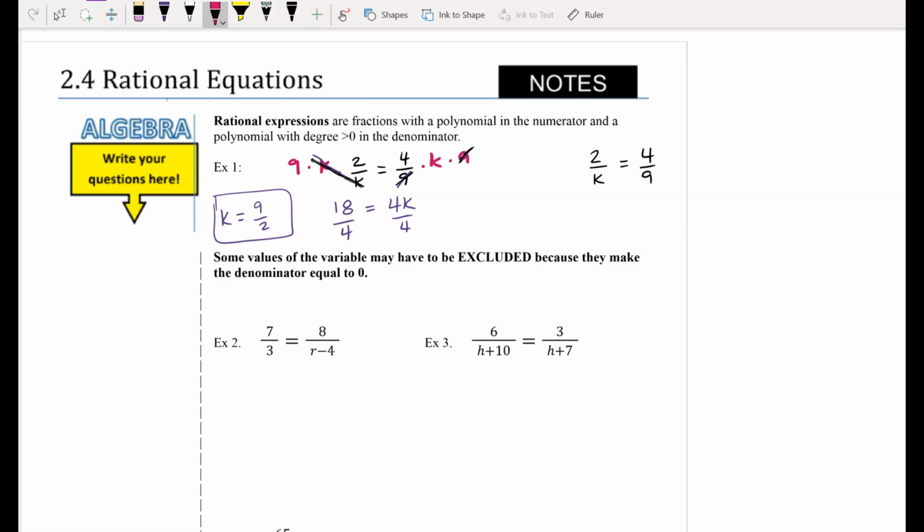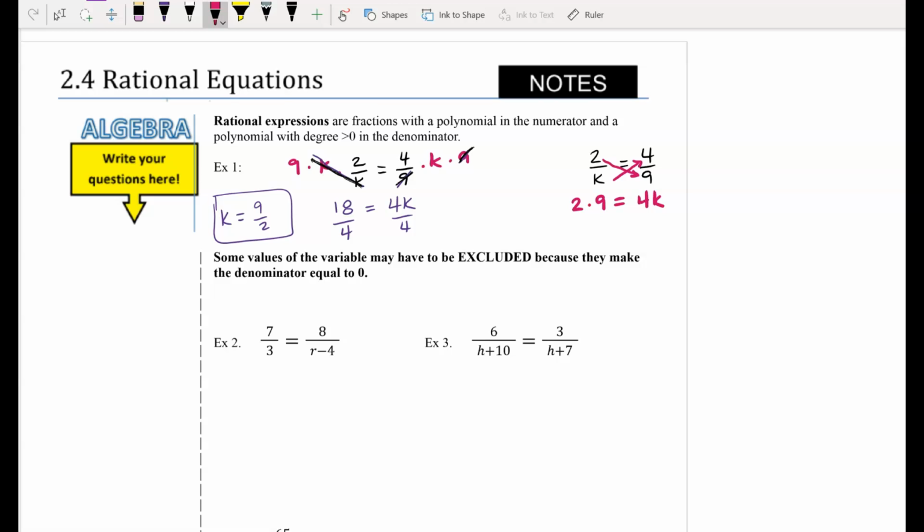What if we multiplied this denominator times that numerator? k times 4 is 4k. And let's multiply this numerator by that denominator. Now notice we're doing that across an equal sign. 2 times 9 is our 18. Don't forget the equal sign between them.